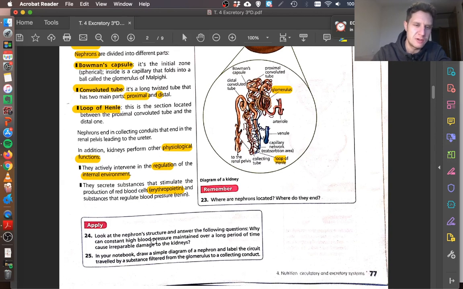Look at the nephron structure and answer the following question. Why can constant high blood pressure maintained over a long period of time cause irreparable damage to the kidneys? Okay, good. What do you think?